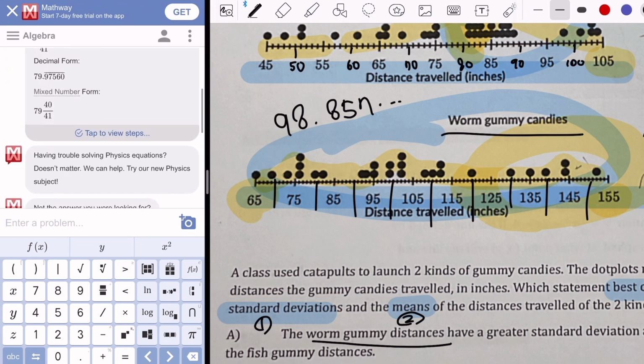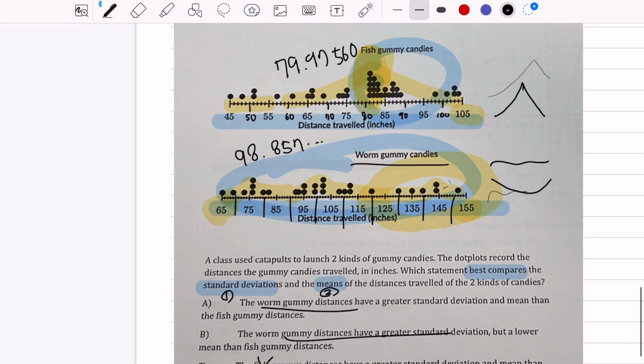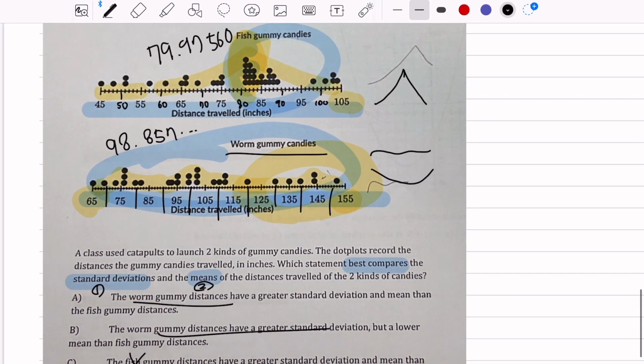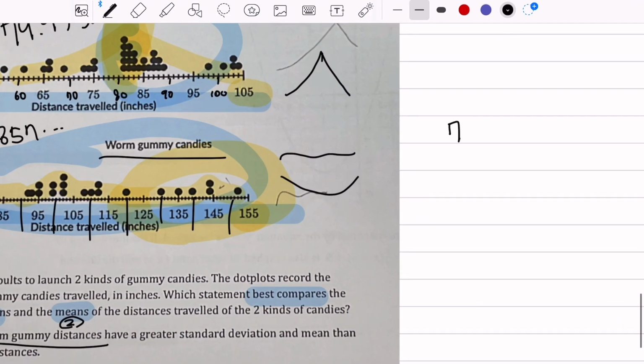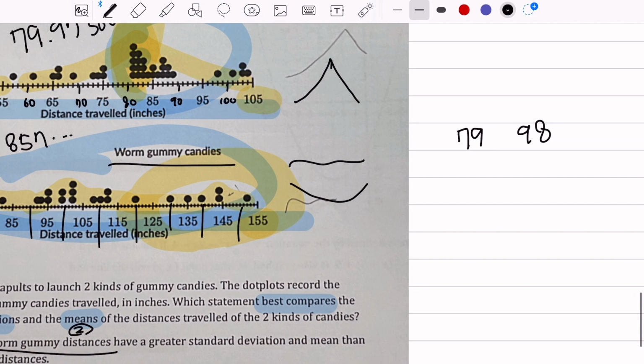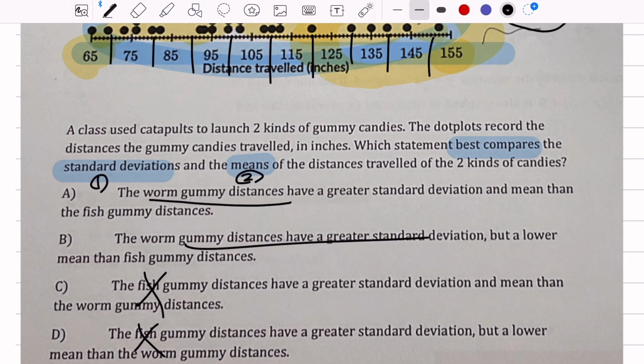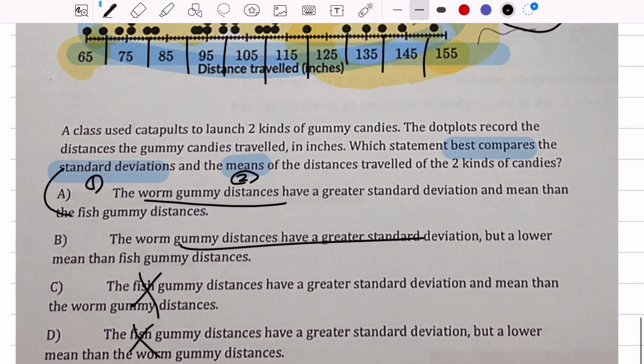So the warm gummy candies have a greater mean value, because when you compare 79 to 98, it's much greater. So the answer would be A.